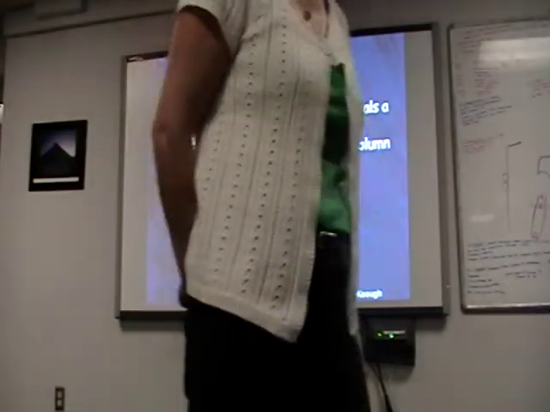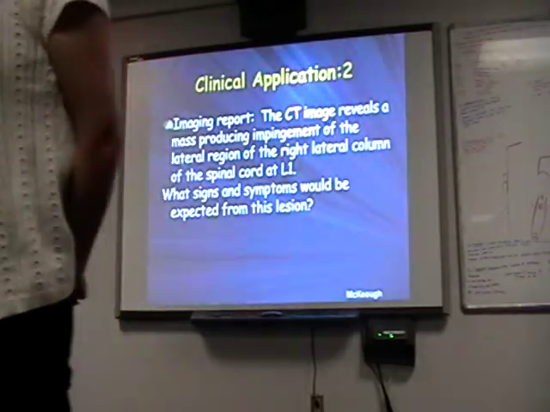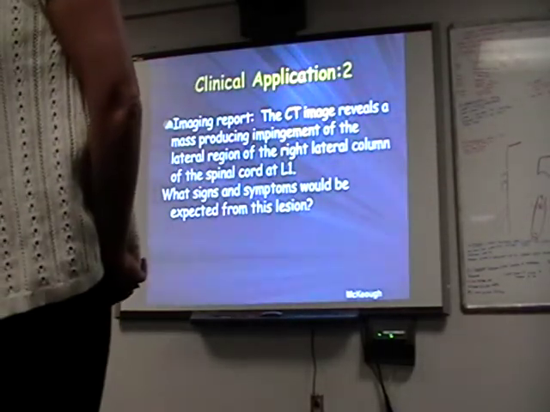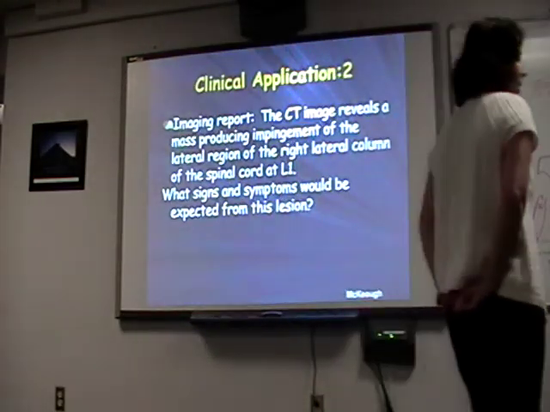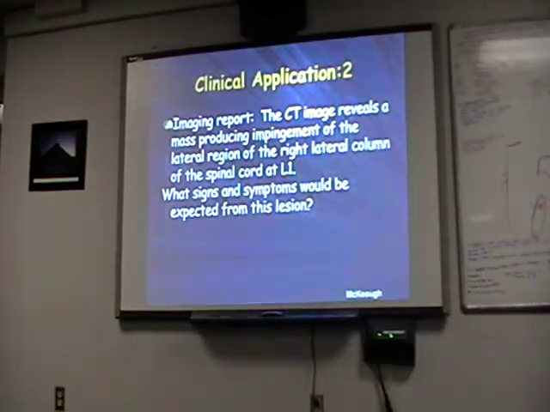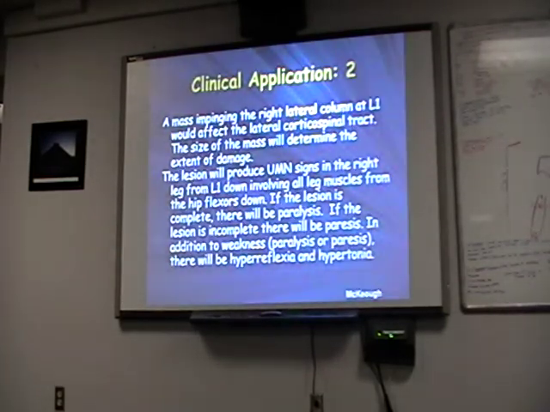So what are we going to see? Spastic paralysis, hyperreflexia, clonus, positive Babinski. Ipsilaterally below the level of the lesion. Okay, so we're getting our lateral corticospinal tract. Depending on how big the mass is, how much damage we'll have. But we're going to have upper motor neuron signs ipsilaterally.